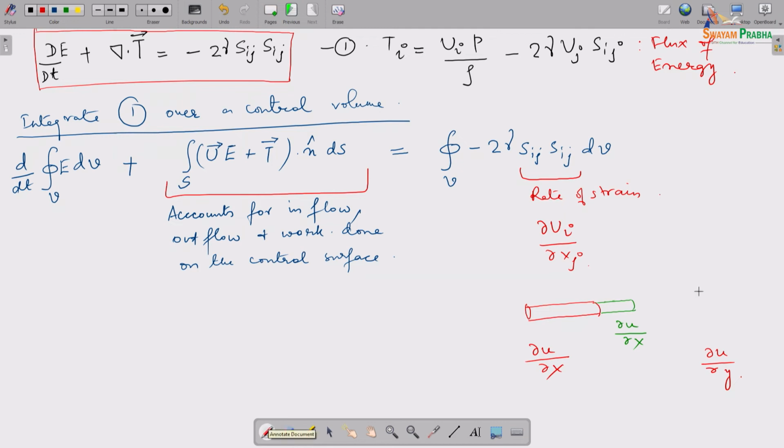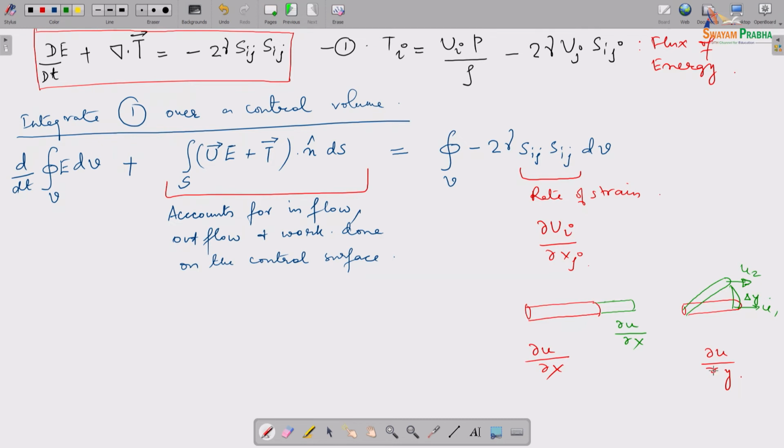And if I needed del u del y, what would we do? Say I have this, and the velocity u is in the direction of this little pipe that I have drawn. Then this is another u, say this is u2 and this is u1, and this is my y.